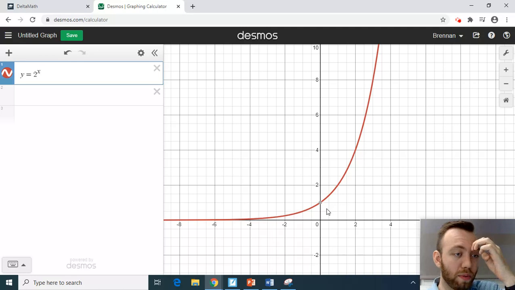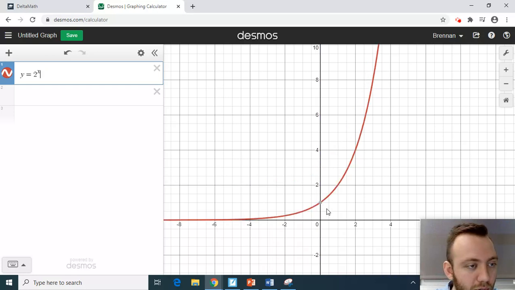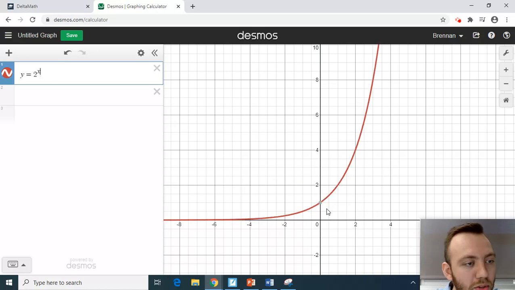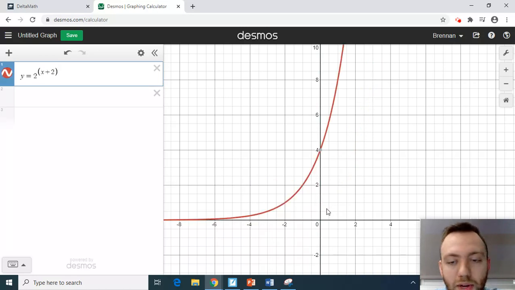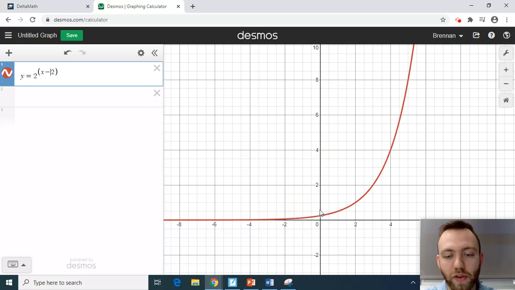Now, what this one means, if I'm with the x, it's going to mean in with the exponent. So if I add 2 with the exponent, you'll notice that we've moved over to the left. And now if I subtract, it's going to move it to the right.